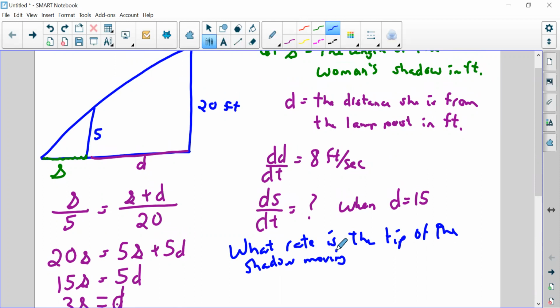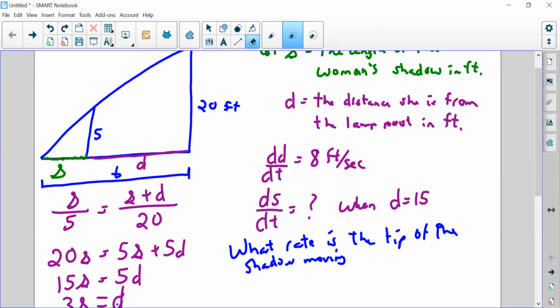Okay, so for this, you could introduce a new variable. I could say, let's let this entire distance here equal t, because that's going to track the tip of the shadow. The entire distance there, or s plus d, however you want to write it, you can use that notation, but it gets a little bit easier if you just do a single variable here. You also have a t already. Oh, t is time. Okay, so big T, to separate the two.